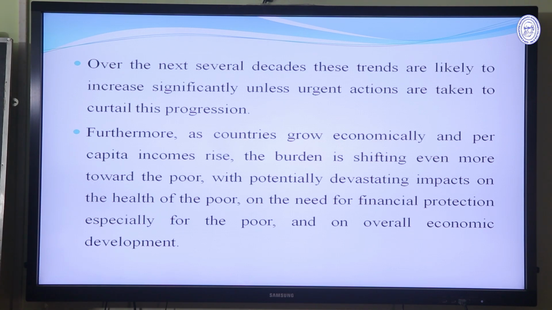Furthermore, as countries grow economically and per capita income increases, the burden is shifting even more towards the poor, with potentially devastating impacts on the health of the poor, on the need for financial protection, especially for the poor, and on overall economic development.